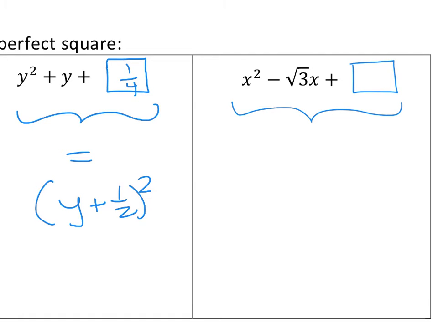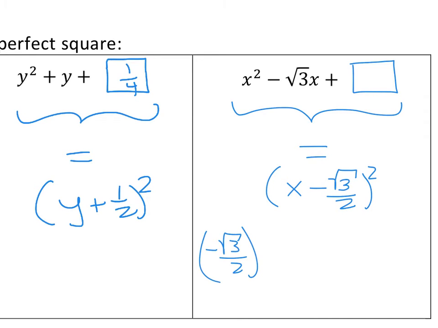So half of negative square root of 3 is negative square root of 3/2. And negative square root of 3 over 2 squared, or negative square root of 3/2 times negative square root of 3/2, is going to give you a positive 3/4.